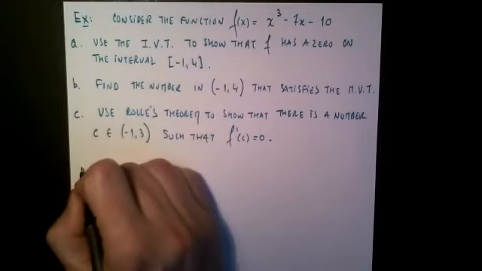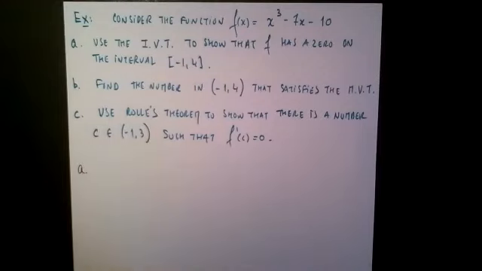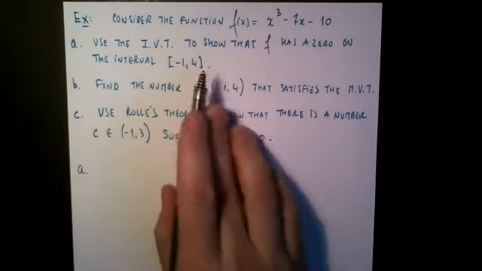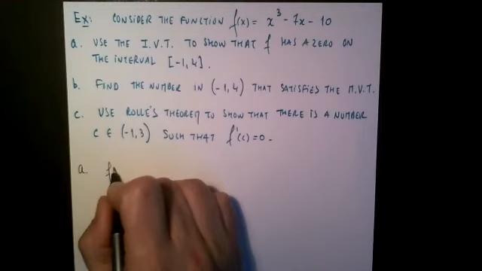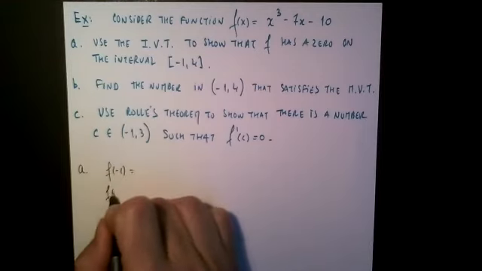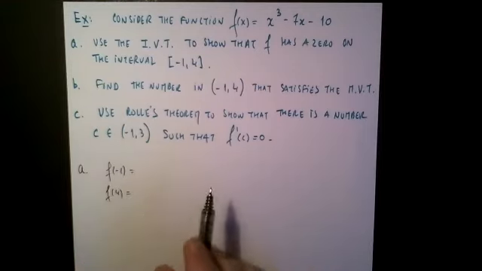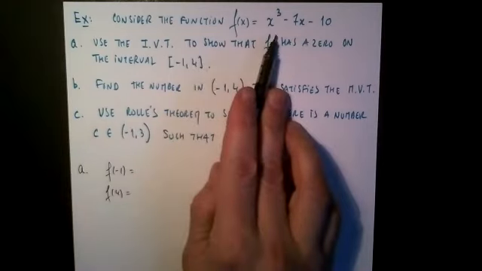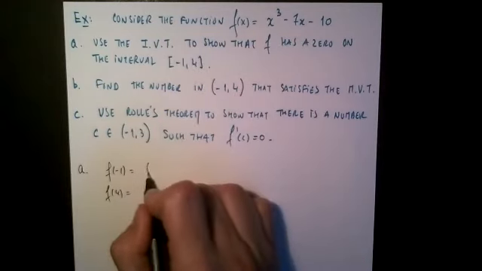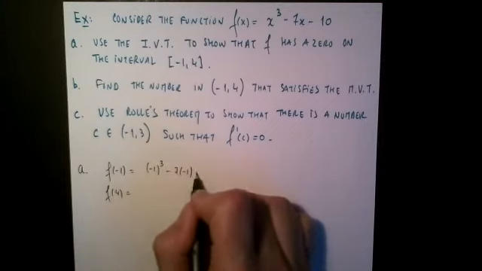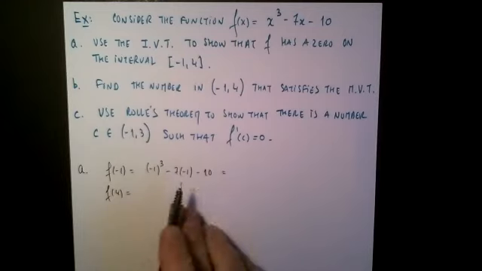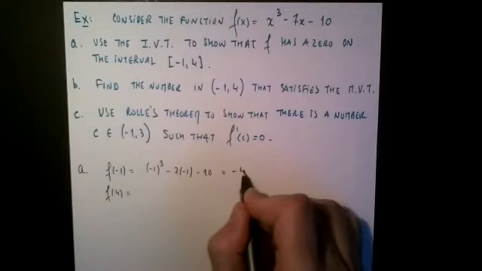So A, the intermediate value theorem, let's find what f of -1 is. Let's find what f of 4 is. f of -1 is -1 cubed, -7 times -1 minus 10, and that is equal to -1 plus 7 is +6, -4 is -10... -4.